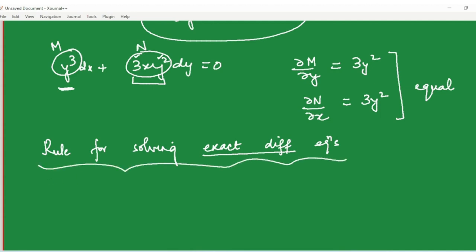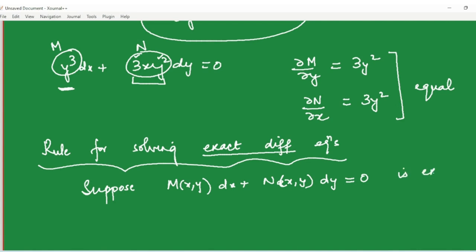Then what you do is, suppose your m dx plus n dy equal to 0. So n is a function of x and y, m is also a function of x and y. So I'm writing that here repeatedly. Even if I miss writing x and y, it's understood that m and n both are functions of x and y. So suppose this equation is exact.